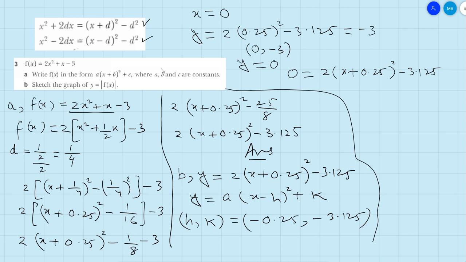First shift -3.125 to the other side. It will be 3.125 = 2(x + 0.25)². This 2 is multiplied over here, so it should divide 3.125.